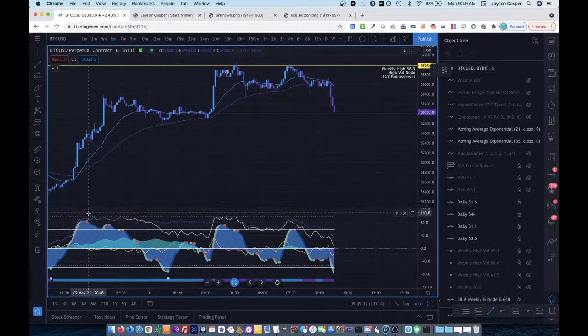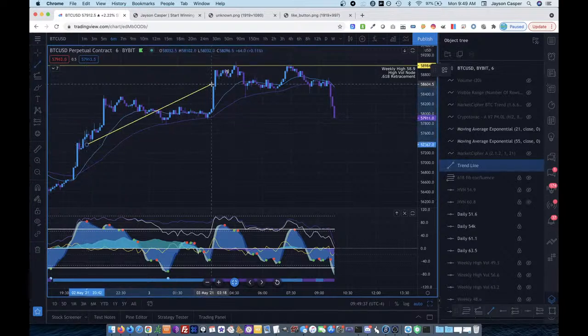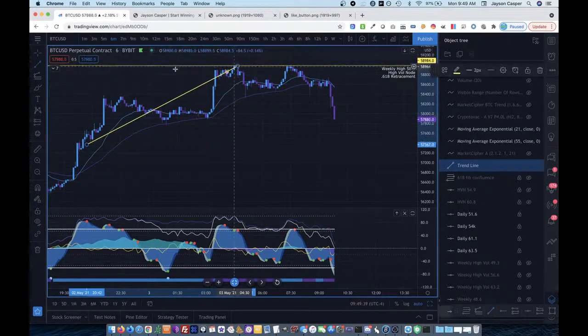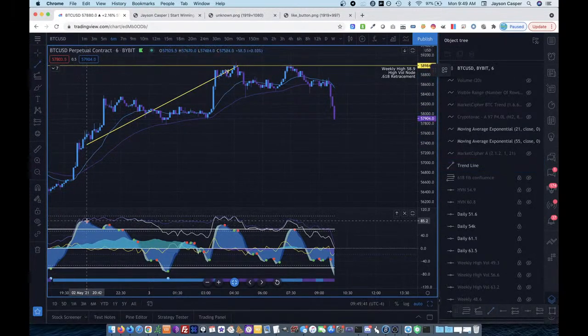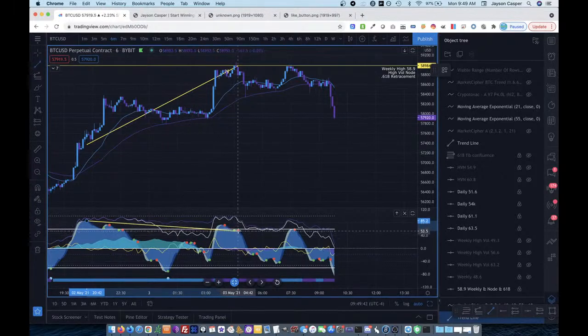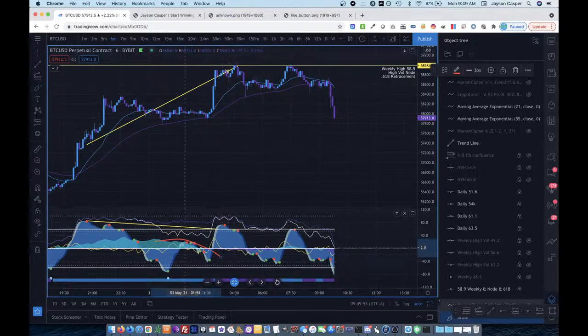This is actually pretty clear: the price is forming higher highs, and the momentum is forming lower highs. Not only that, but the money flow is crossing from the green into the red. This is the 6-minute time frame. So this is giving us a clear sign that we are coming down.